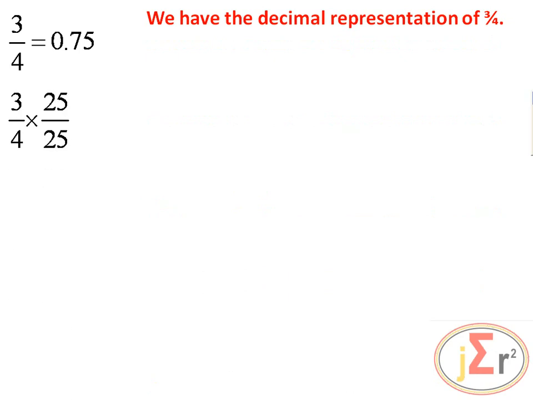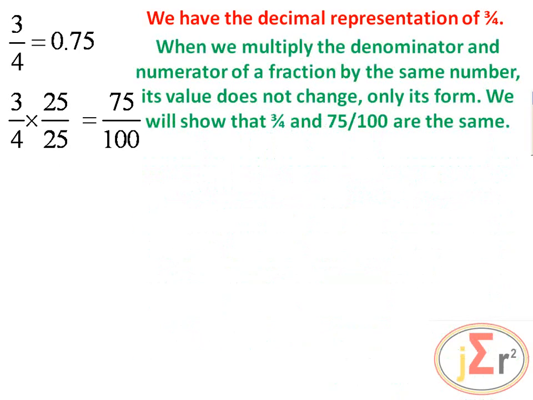And also, when we multiplied both numerator and denominator of 3/4 by 25, we get 75 over 100. When we multiply the denominator and the numerator of a fraction by the same number, its value does not change, only its form. We will show that 3/4 and 75 over 100 are the same.